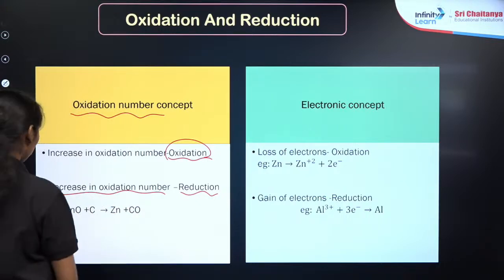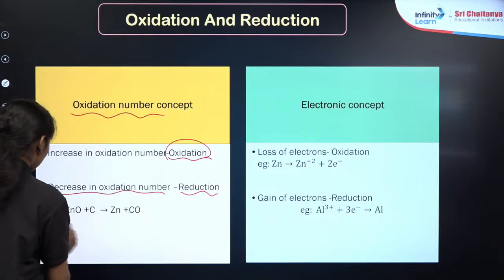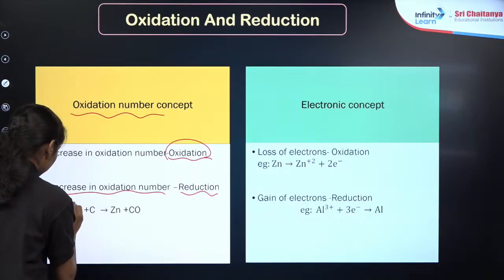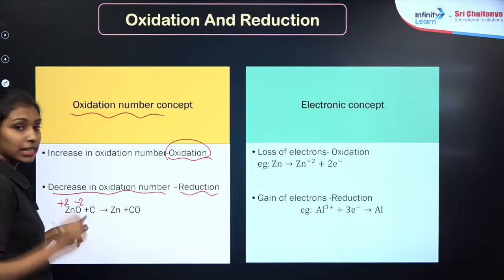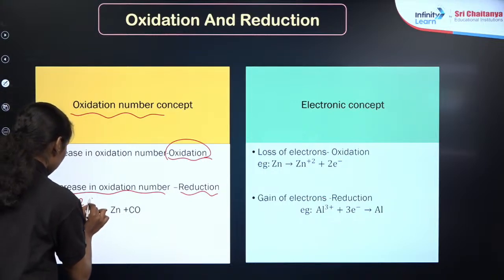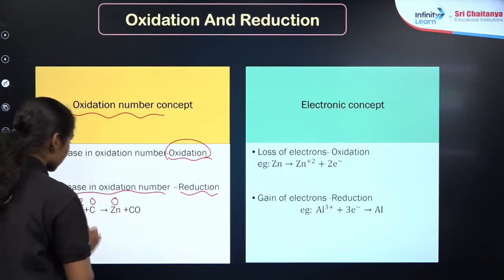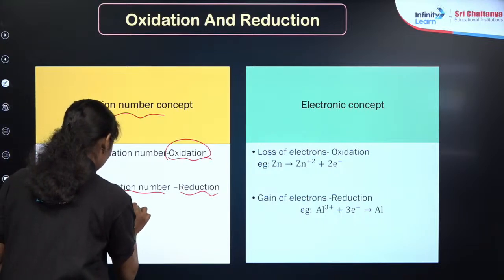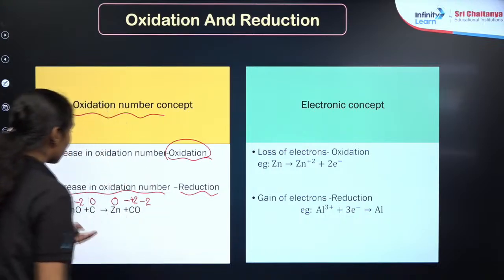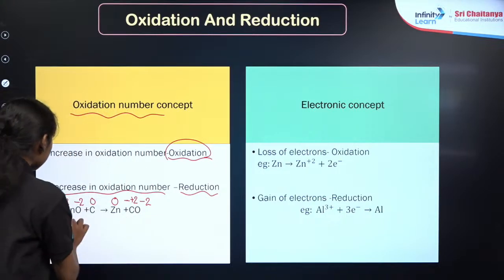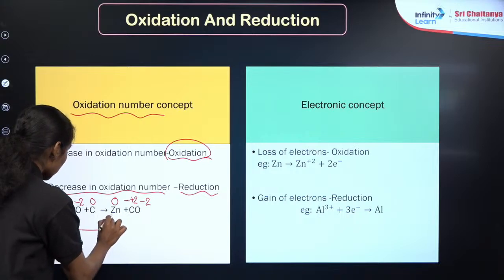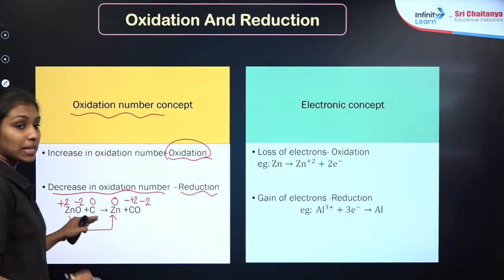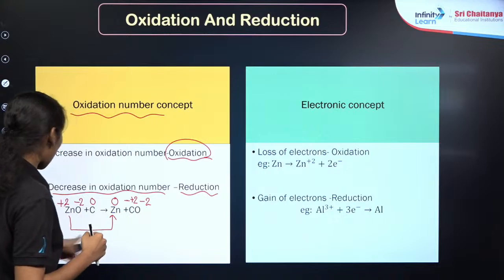Just calculate the oxidation number. What will be the oxidation number here? Carbon in its elemental form has the oxidation number of 0. Zinc is also 0. For carbon monoxide, it is plus 2 and minus 2. Here zinc is changing its oxidation number from plus 2 to 0, which means that a decrease in oxidation number is termed as reduction.